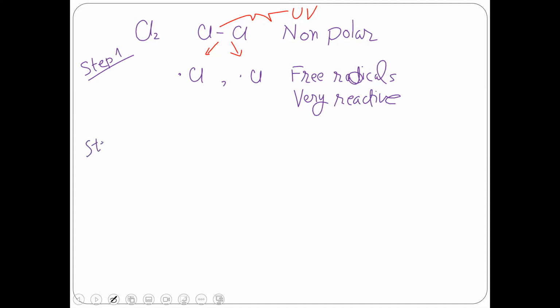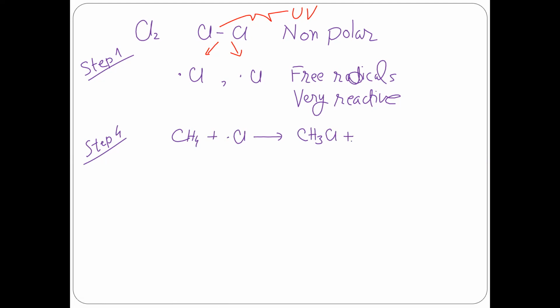Now, methane is present there. Let's talk about methane. This is CH4. One of the free radicals attacks methane and kicks out one hydrogen, removes hydrogen from the molecule and sits in place of it.